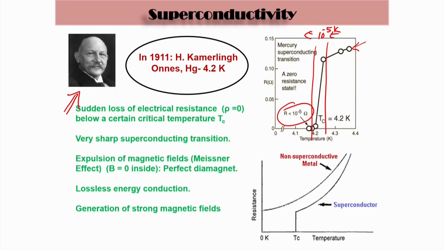There is a very sharp superconducting transition, as we have said. The magnetic fields are completely expelled from superconductors, and they cannot enter other than a very small depth of the specimen, which is called the penetration depth, we will see that.